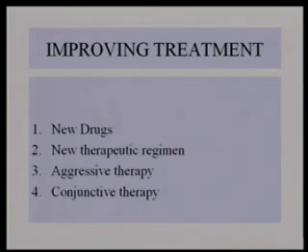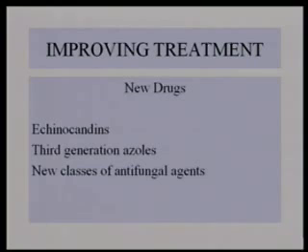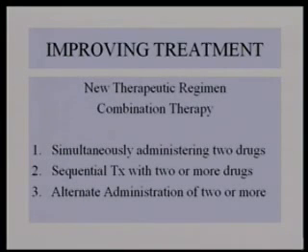Aggressive therapy, meaning get it in there first, preemptive, ahead of time, and conjunctive, and I'll explain each of these a little bit. Echinocandins, I haven't discussed those because they're still new. I hope you just learned some of the basics. Third generation azoles, I mentioned that, and totally new classes of antifungal agents, very few though.